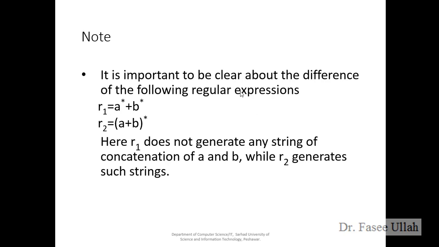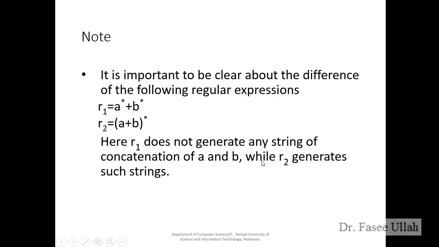Here are some important points to keep in mind whenever we design a regular expression. It is important to be clear about the difference between the following regular expressions: R1 equals a star plus b star, and R2 equals a plus b whole star. The plus means or, so we can select any one: a, b, or both. For R1 it does not generate any string with concatenation of a and b, because we have separation.